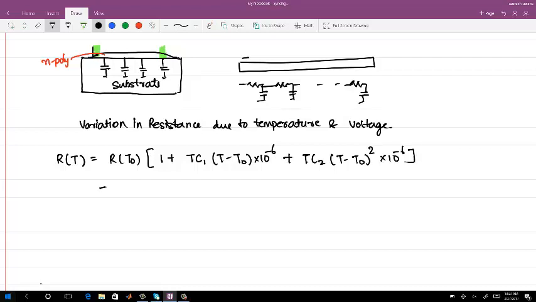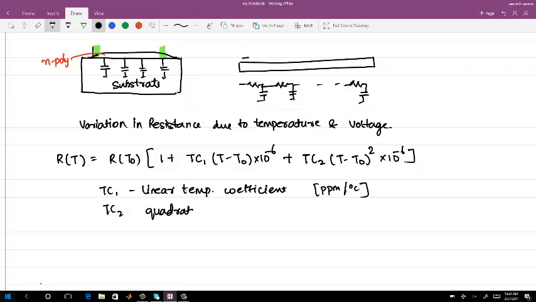Okay, where Tc1 is a linear temperature coefficient in parts per million per degree Celsius, and Tc2 is quadratic temperature coefficient in parts per million per degree Celsius square.